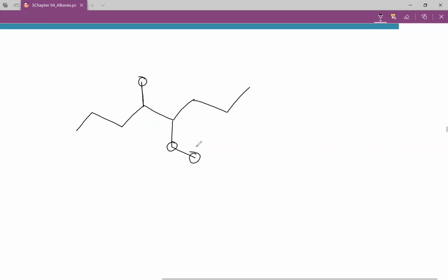And if we find the parent chain, we see it's 1, 2, 3, 4, 5, 6, 7, 8. This is octane. And if we number it, 1, 2, 3, 4, 5, 6, 7, 8, one way, and then the other way, 1, 2, 3, 4, 5, 6, 7, 8. Actually, instead of making this octane, let me make it a little bit more clear which way is the correct way of numbering.